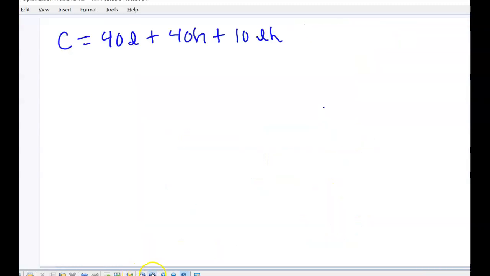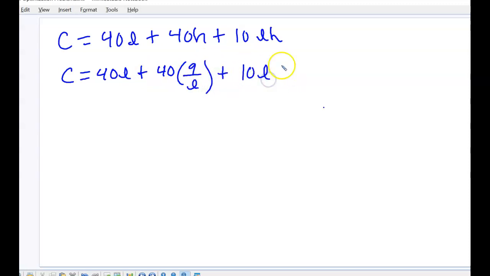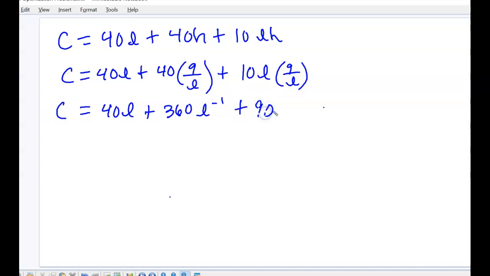So H is 9 over L. So my cost is going to be 40L plus 40 times 9 over L plus 10L times 9 over L. This ends up being 40L plus 360L to the minus 1 if I bring that up, plus 90, because the L's will cancel out in this third term.